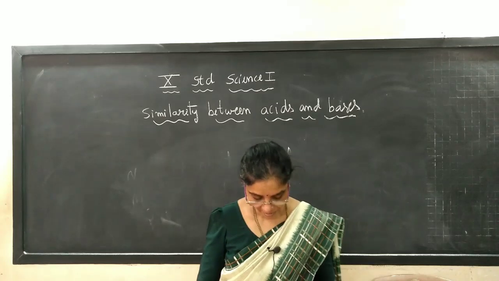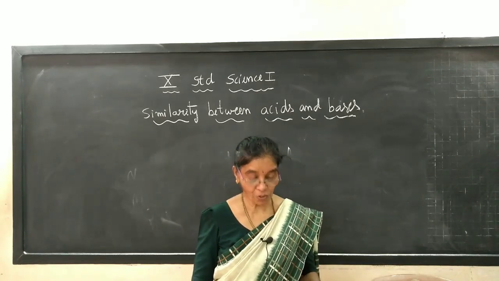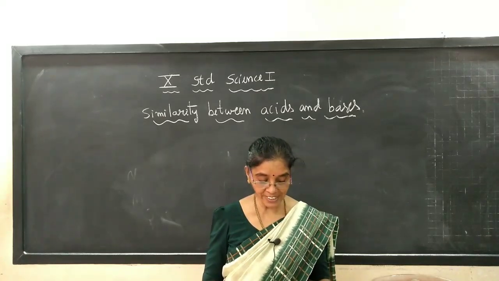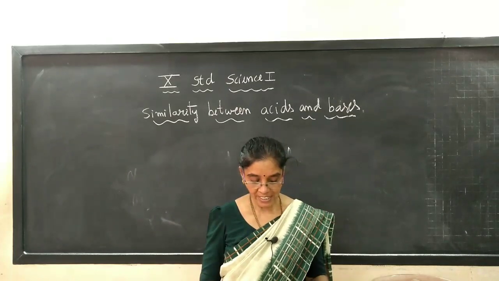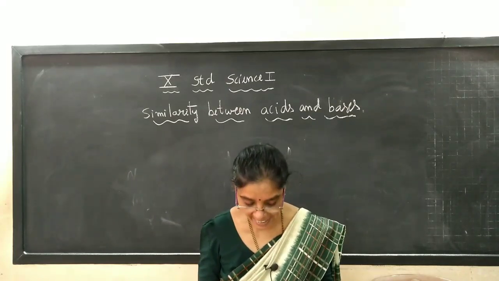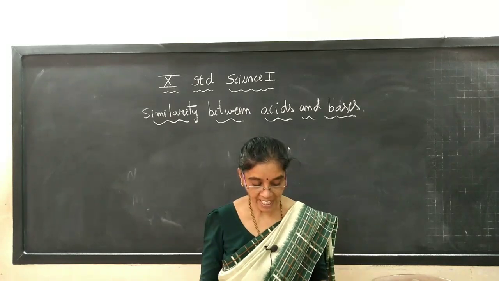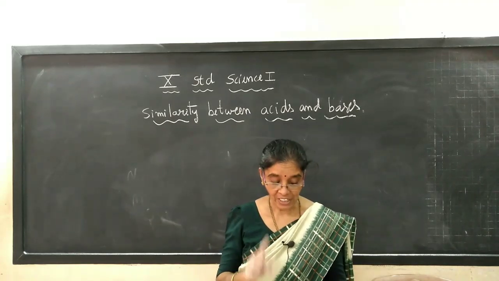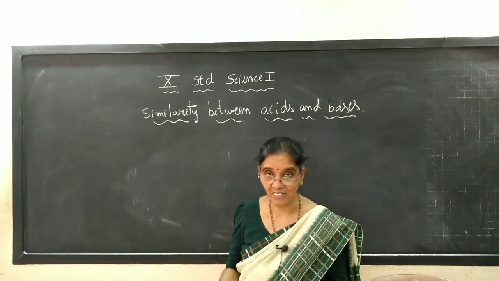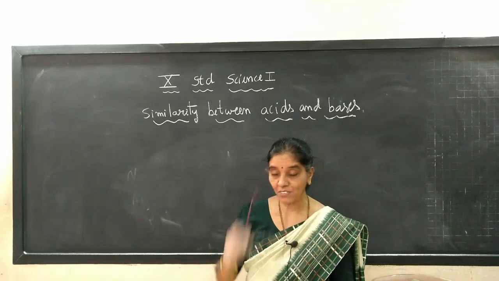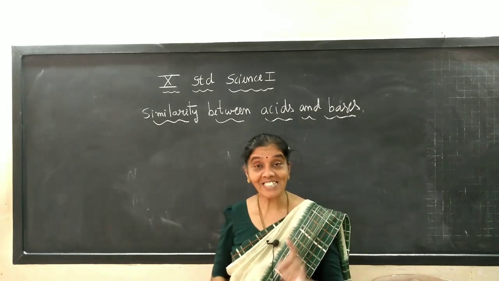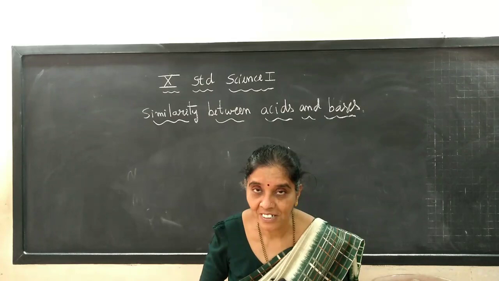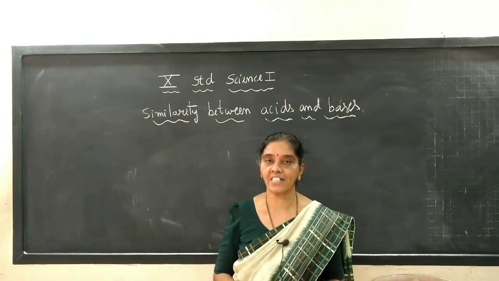And next one, the fourth one: while diluting an acid, it is recommended that the acid should be added to the water and not water to the acid. Why? As we mentioned earlier, it is which reaction? Exothermic reaction.